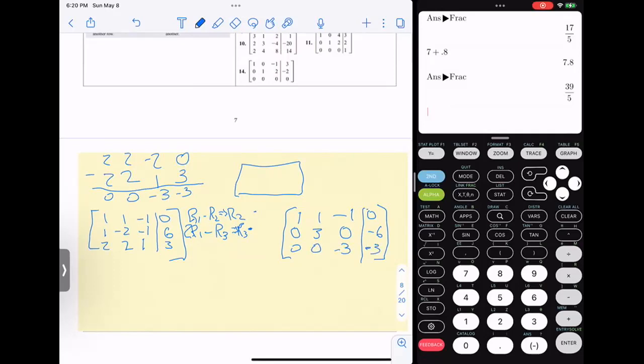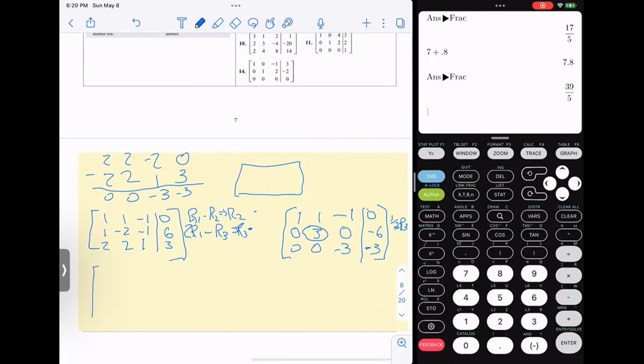And now, as you can see, we're getting somewhat close to where we need to be. We've got a bunch of zeros starting to pop up. Well, to get this row 2, this number right here needs to be a 1. So we need to take 1/3 times row 2. We're just pretty much dividing row 2 by 3, so that'll turn into 1.